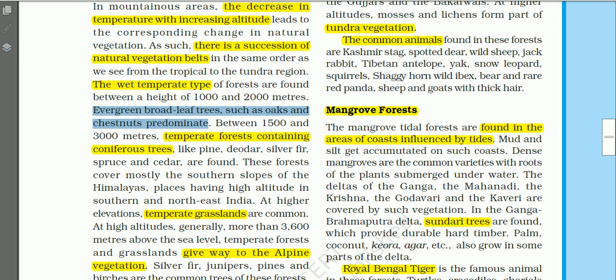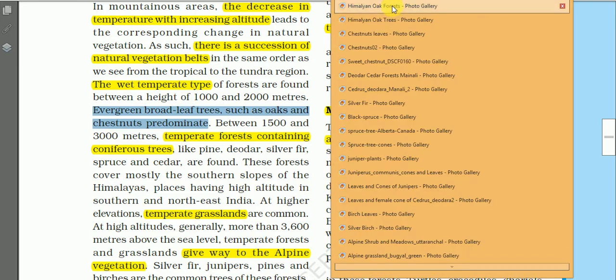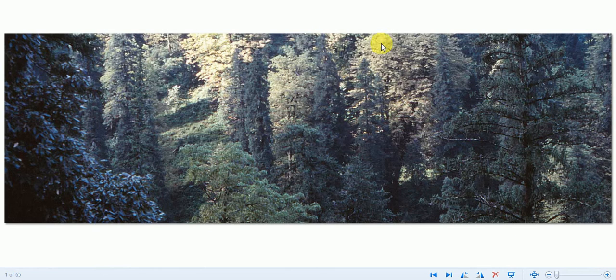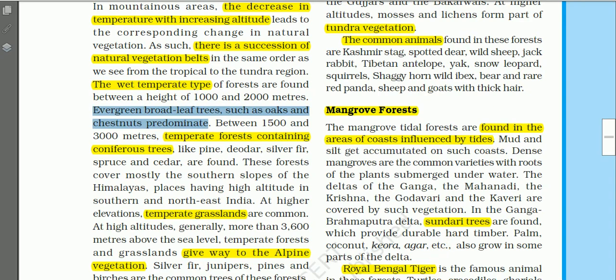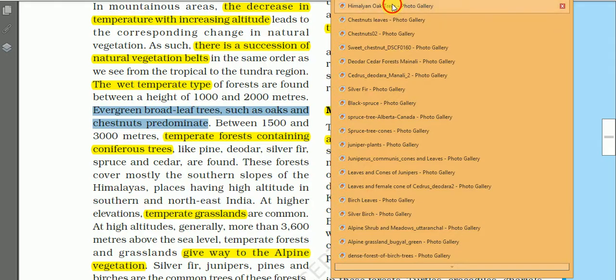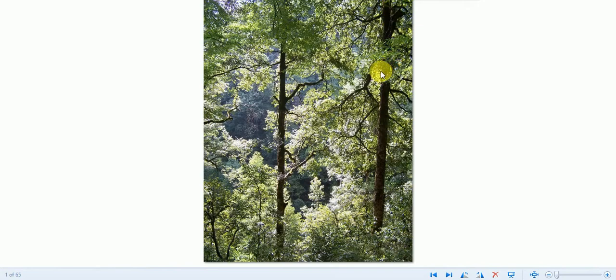And so we have some photographs. This photograph shows the Himalayan oak forest. And here is a photograph showing an oak tree close up.